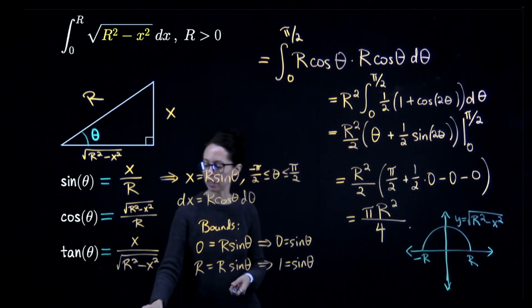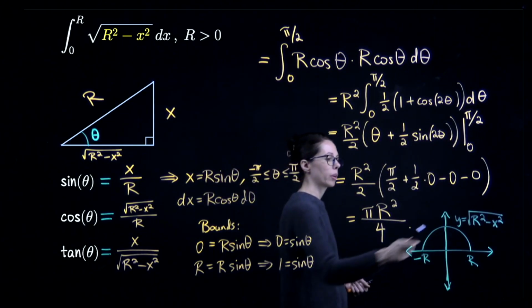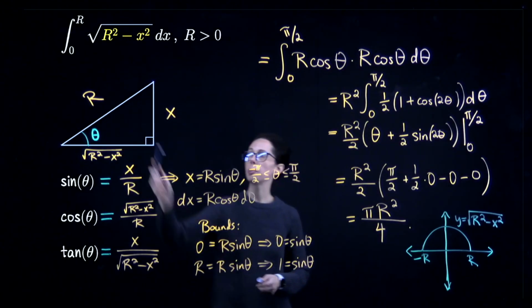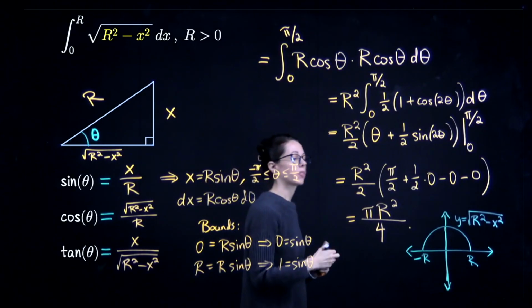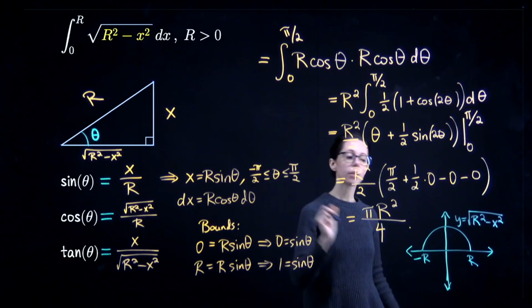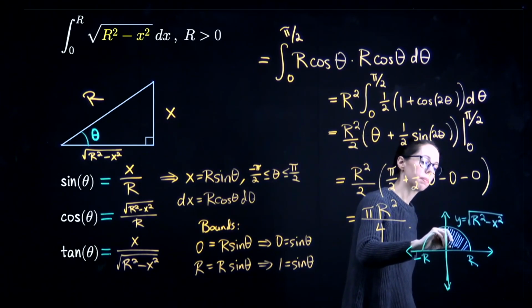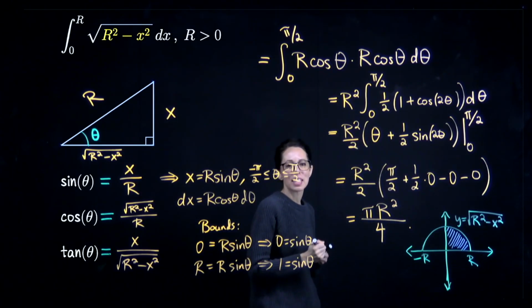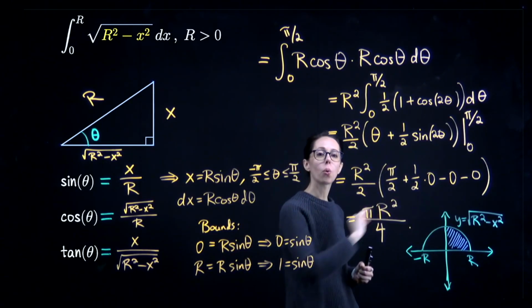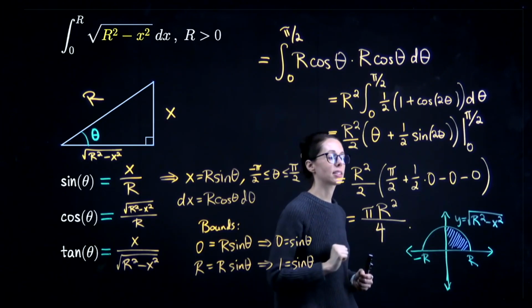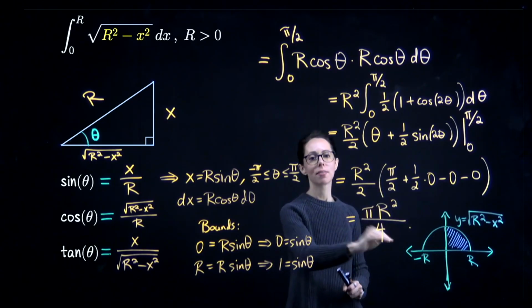We were asked to compute the area under the graph of this function over the x-axis from x equals 0 to x equals r. So in particular, we were looking for this area in the first quadrant. So that's like saying, what's the area of 1/4 of a disk of radius r? And that's going to be pi r squared divided by 4.